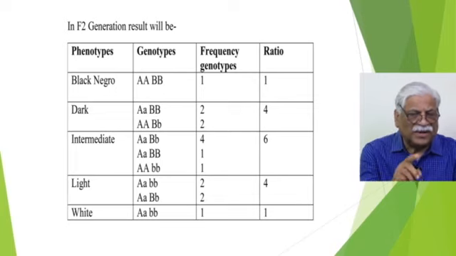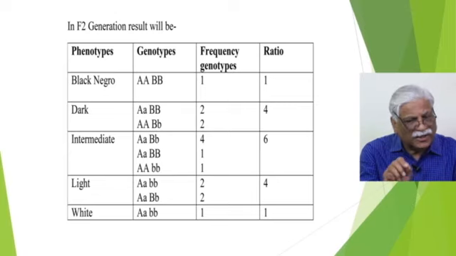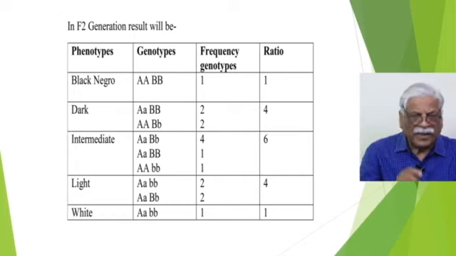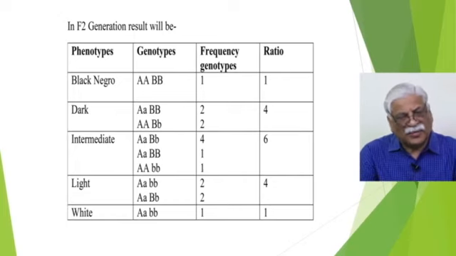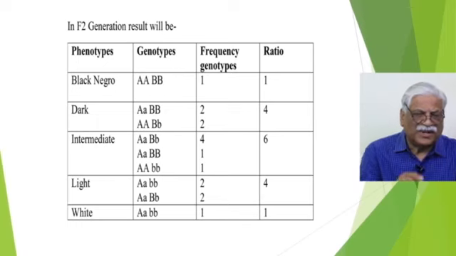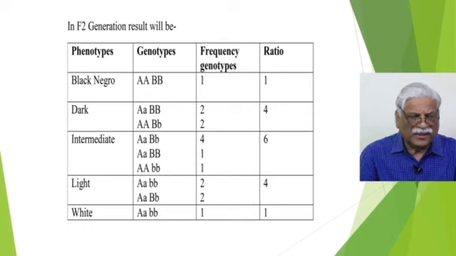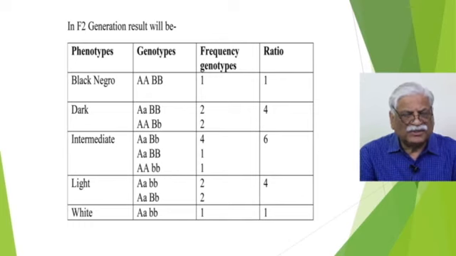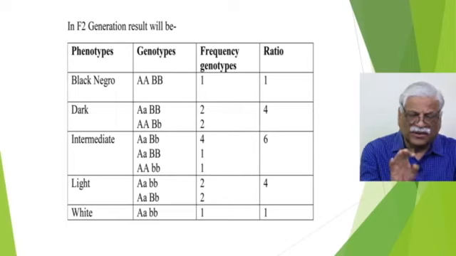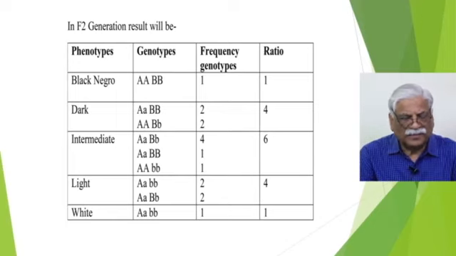Similarly, you can see here capital A, capital B and small b. So again the character is minimized. In the third case, intermediate color, you can understand the combinations: capital A, small a, capital B, small b, and similarly the other characters. So in this case the coloration of all the children will be mulatto.